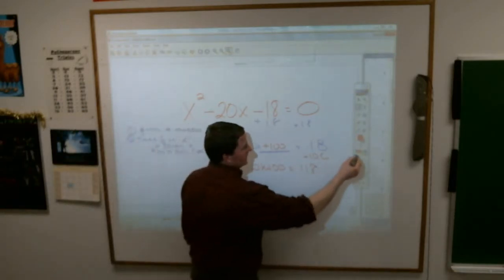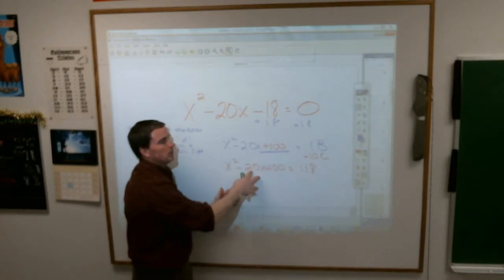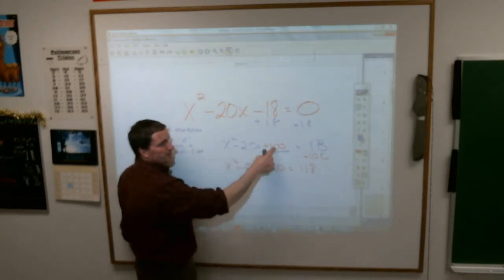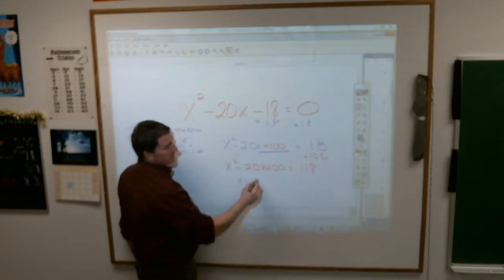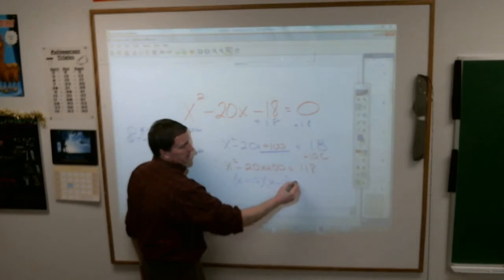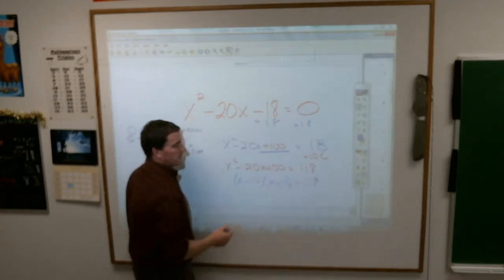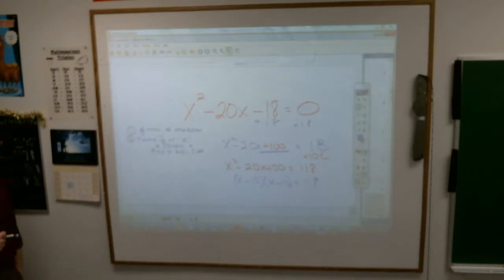Because of what I just did, I now know that this is a perfect square. What was it that I multiplied to give me this 100? -10 times a -10. So this breaks down into a binomial that's a -10 times a -10. We have to break down the square root of 118. If it does break down, you get 2 times 59, that probably doesn't.